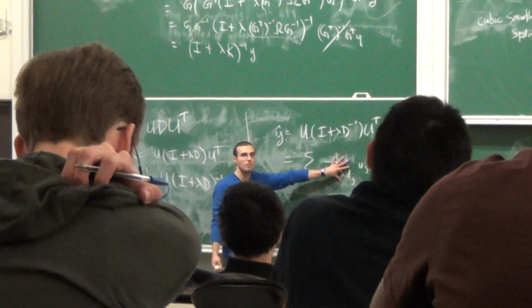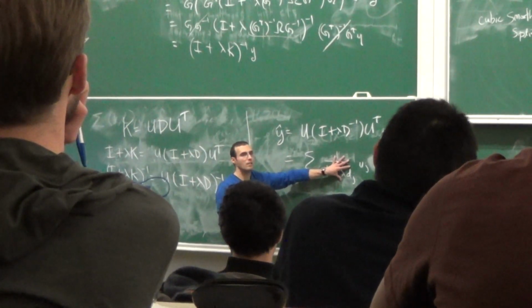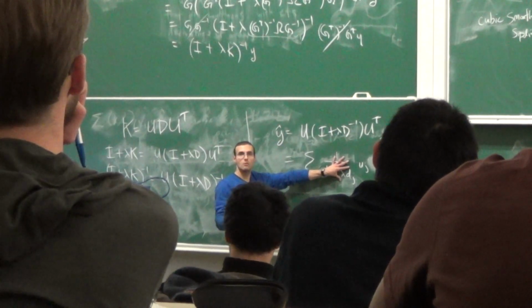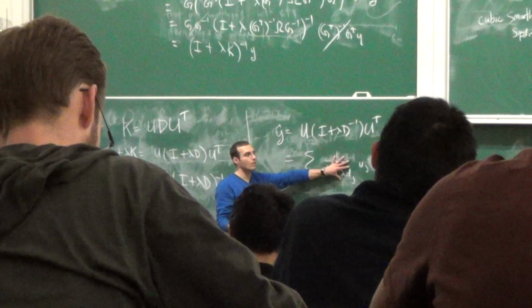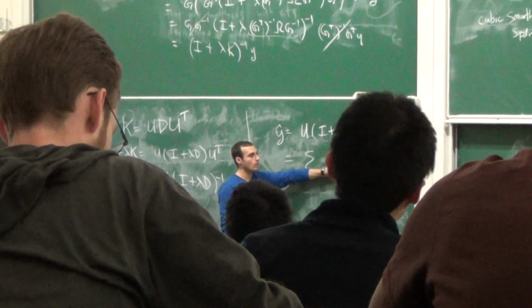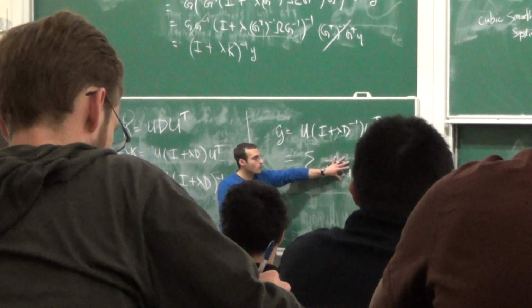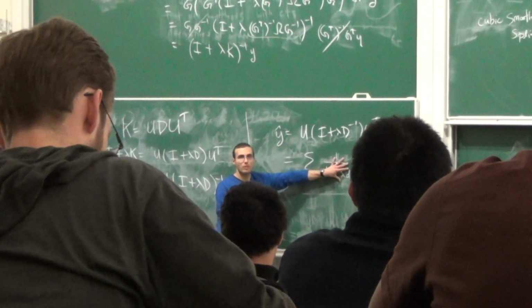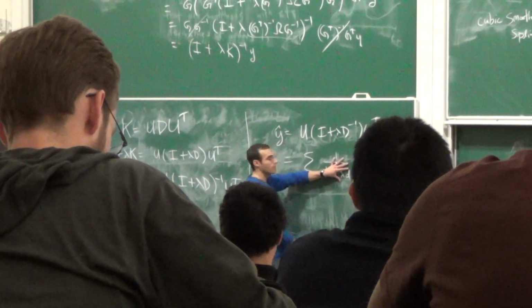It's because the uj's are eigenvectors for K, and so they're going to have the same column space as K. And you can maybe convince yourself that K has the same column space as the natural spline basis matrix. And so if I were to do regression on the u's, it's just like doing regression on the natural splines, and this is exactly the regression fit.